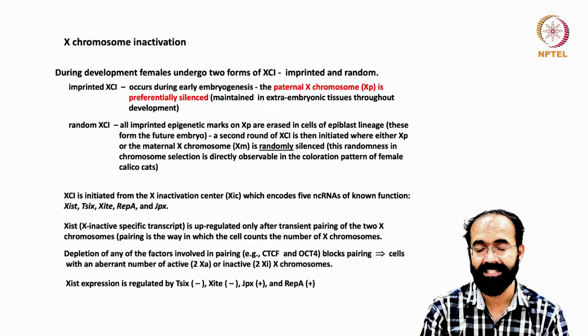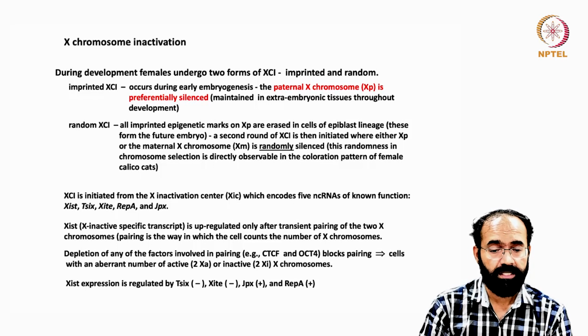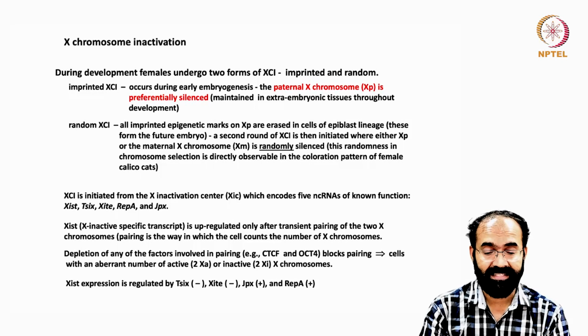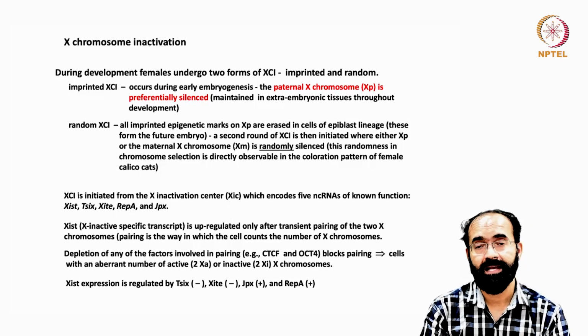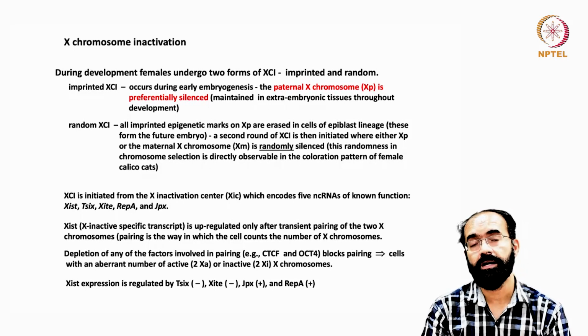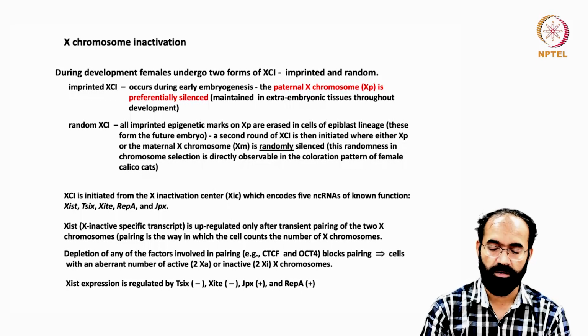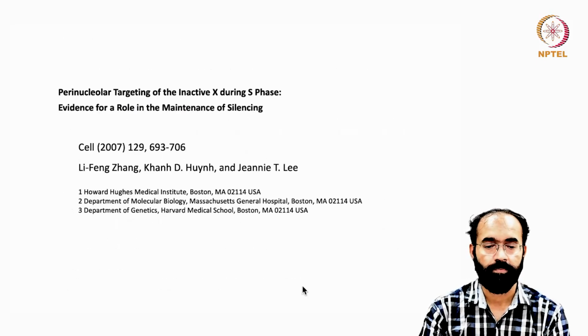These are all genes responsible for the counting. Xist expression is regulated by Tsix in a negative manner, and Xite also affects it in a negative manner. Jpx affects it in a positive manner, and RepA also in a positive manner. So Xist expression is stringently regulated by various supporting non-coding RNAs.